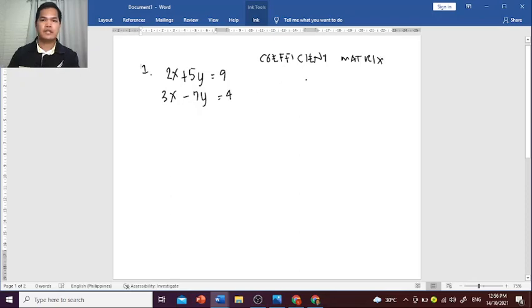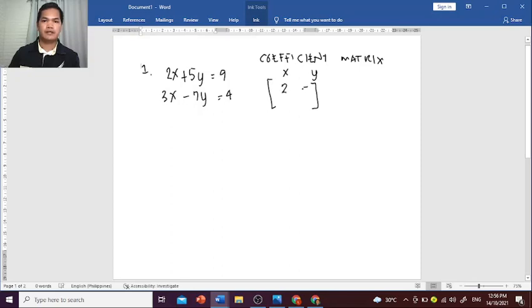For the coefficient matrix, what we're going to do is just copy all the coefficients of x and y to form the matrix. So, in our equation 1, the numerical coefficient of x is 2.